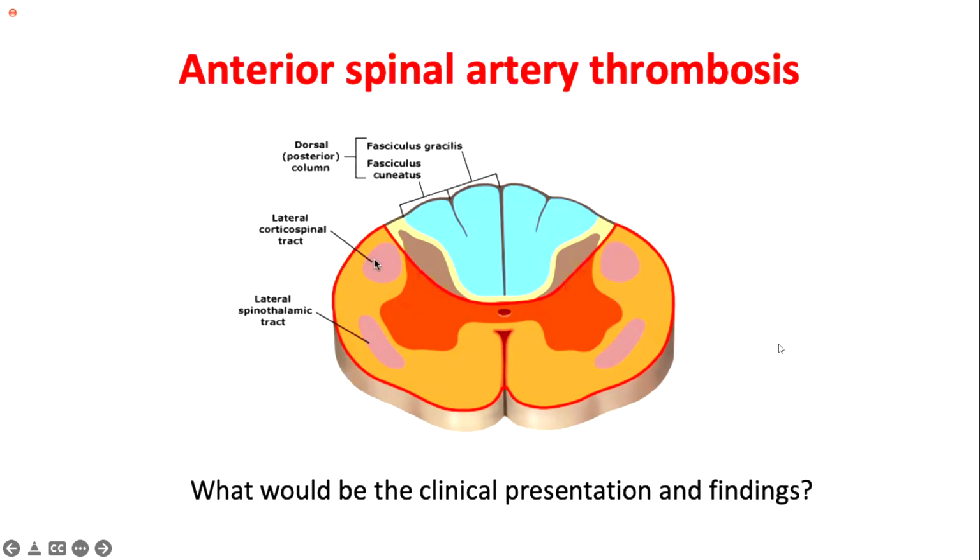So when the corticospinal tracts are affected, you have upper motor neuron spastic paraparesis. When the lateral spinothalamic tract is affected, you have loss of pain and temperature. So you have a sensory level with spastic paraparesis below the sensory level. However, the proprioception is spared.